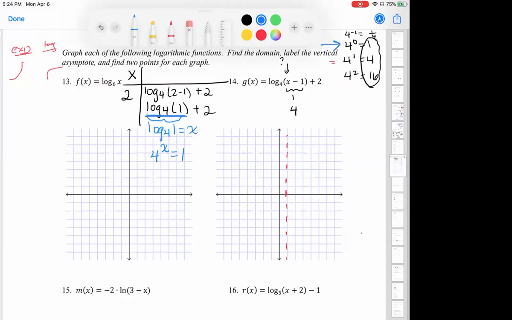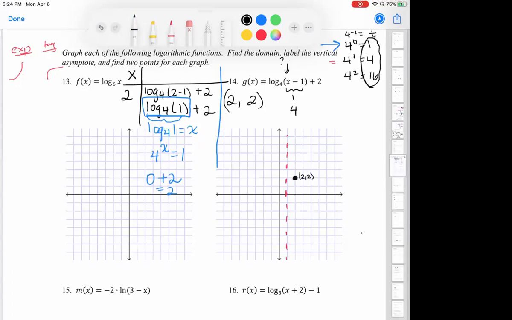So log base 4 of 1 is 0. I have 0 plus 2, which gives me 2. So I have the point (2, 2). Over 2, up 2 is right here: (2, 2).